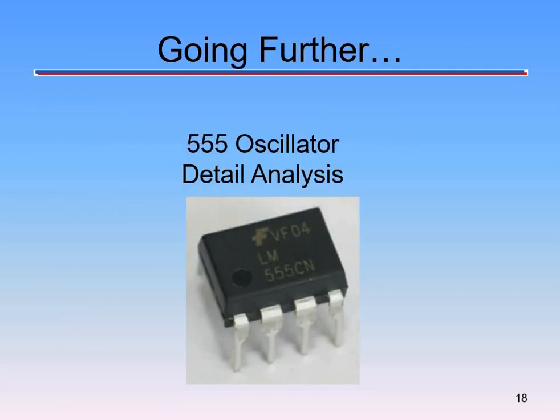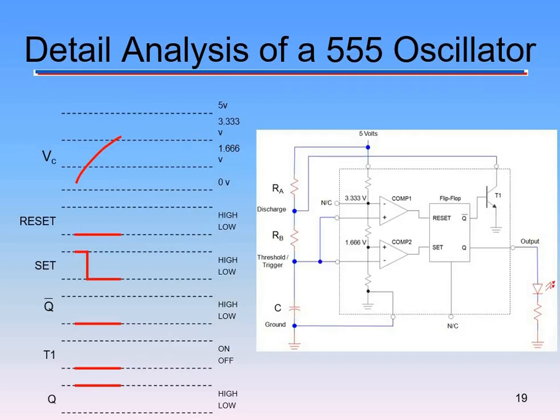Now let's go further with the 555 timer and take a look at what's really going on as we do a signal analysis. We have VC, reset, set, our output Q bar, our T1, and our Q. So we have highs, lows, ons, offs.